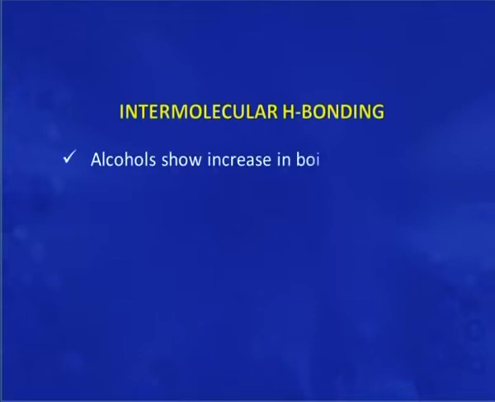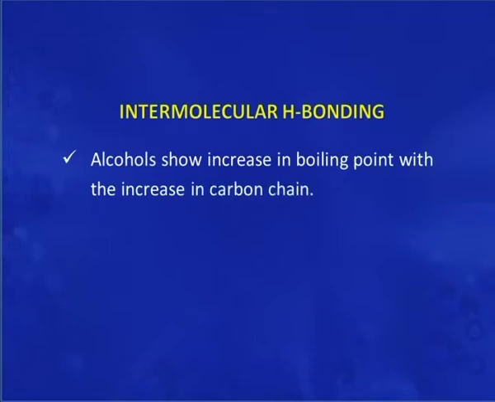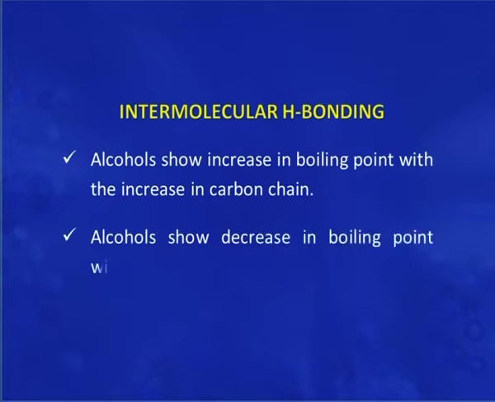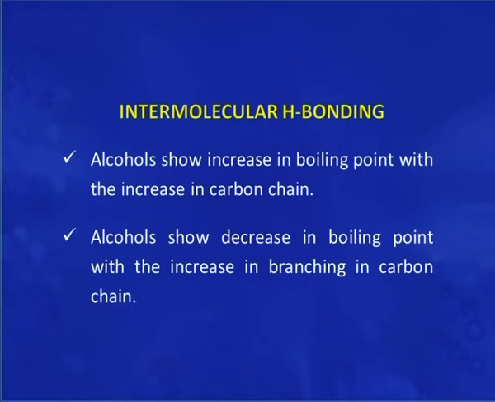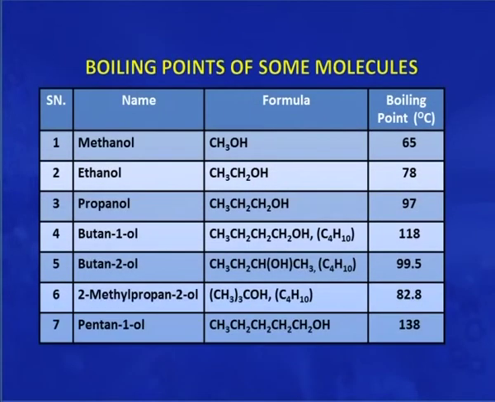Alcohols show an increase in boiling point with the increase in carbon chain. Another factor: alcohols show a decrease in boiling point with the increase in branching in the carbon chain. These two points we will elaborate upon in the next slide. Here in this table you will see methanol, ethanol, propanol and pentanol.